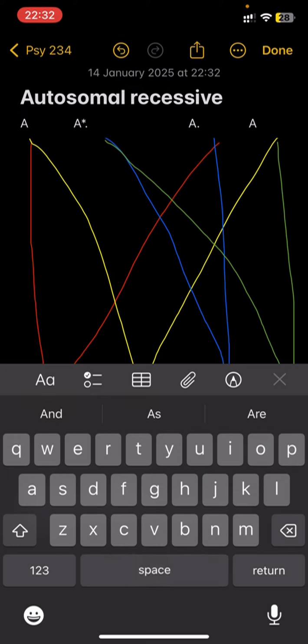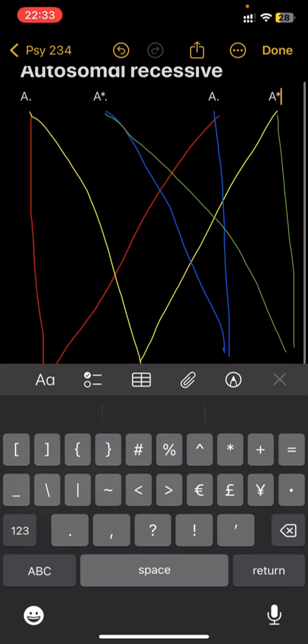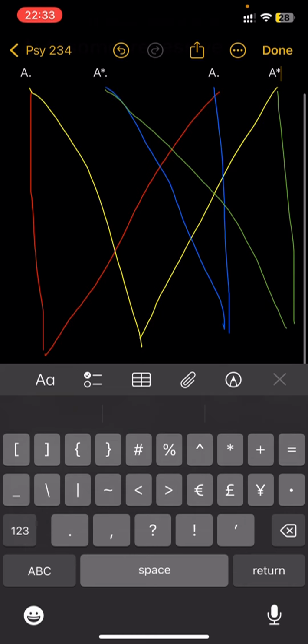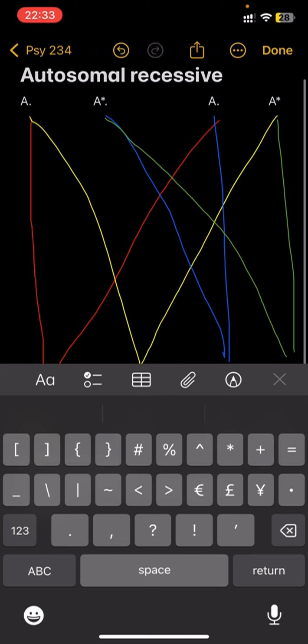So a carrier here and a carrier here. Oh my gosh, it's taking so much time. So now we have A, for the red, we have A and A, the child will be normal. So this first child is going to be normal.